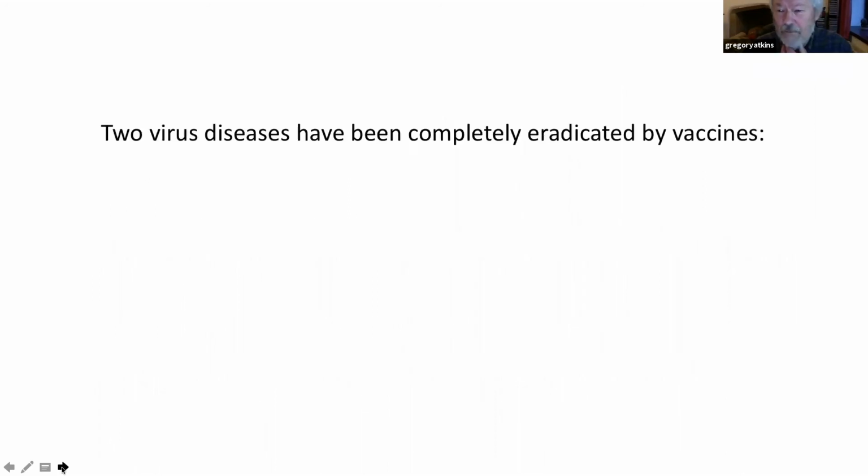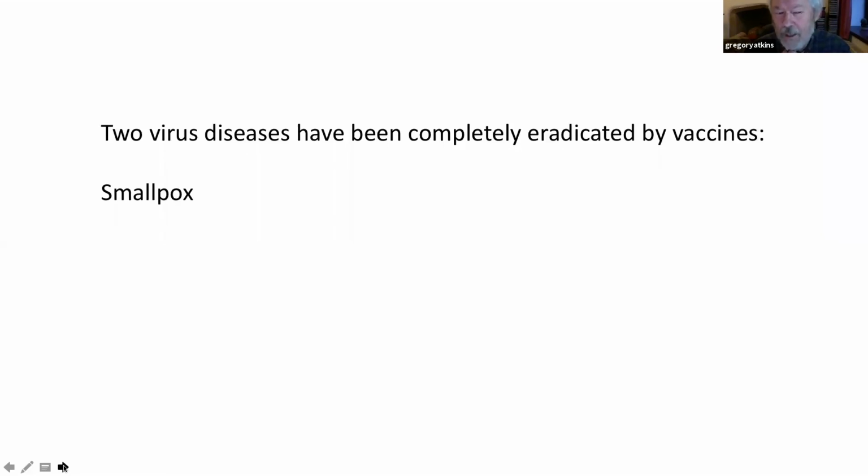Two viruses have been completely eradicated by the use of vaccines, and vaccines have been a big factor in reducing most kinds of virus infections, reducing the mortality, and maybe there will be with coronavirus as well. We don't know that yet. But two viruses have been eradicated by vaccines.